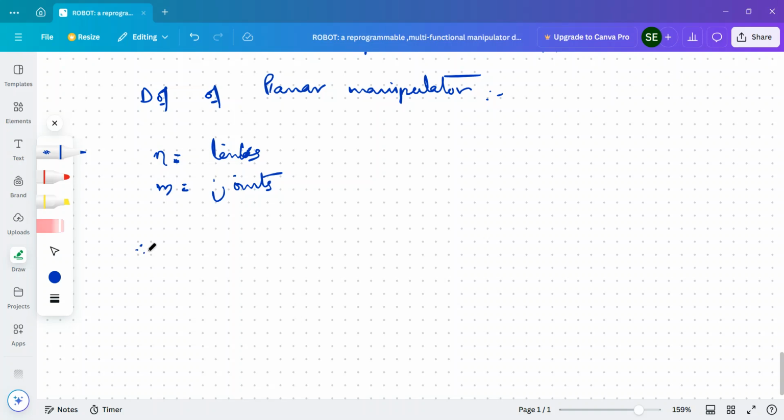Then the number of constraints put by the ith joint is equal to 3 minus ci. Why this is 3 minus ci, and why for the previous part it was 6 minus ci, you will get to know whenever we study the problems.